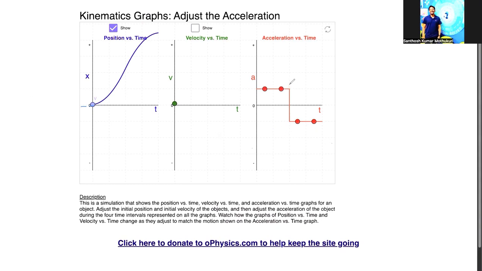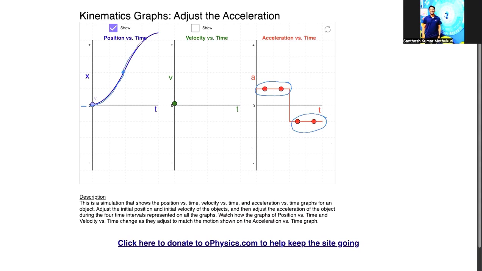Look at this. From here to here, uniform acceleration. This part of this graph gives you uniform acceleration. We have seen that it's like a parabola, an upward parabola. Now this is the negative acceleration. That means the body is slowing down.